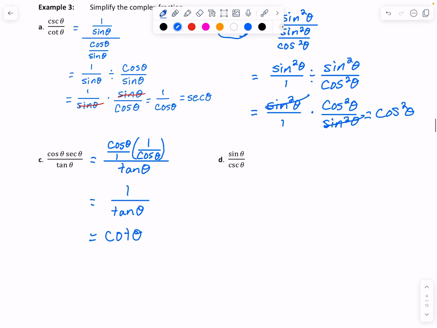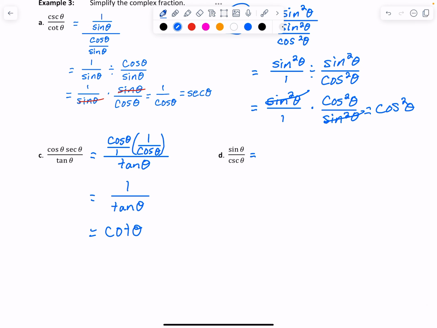Right, let's do problem D. All right, so I'm going to change everything to sines and cosines. So this is sine theta over 1. And then the bottom is 1 over sine theta. I use the division, so it's going to be sine theta over 1 divided by 1 over sine theta.